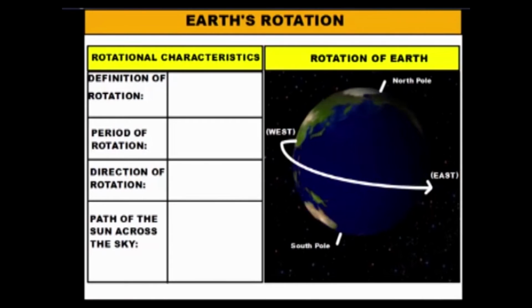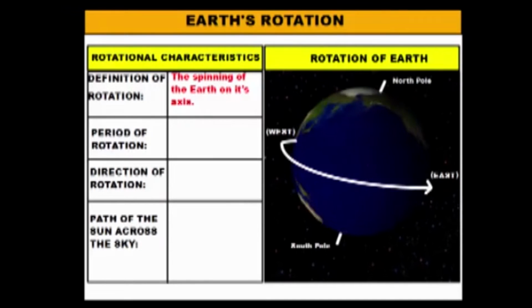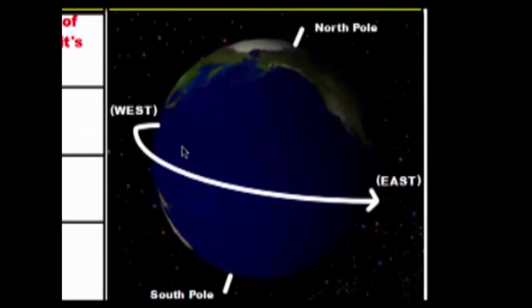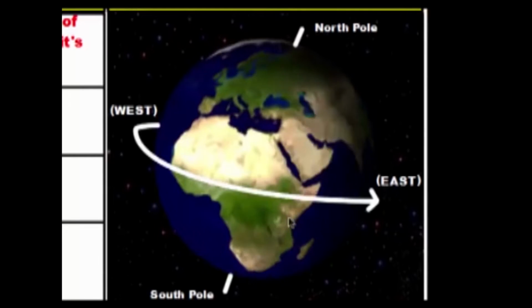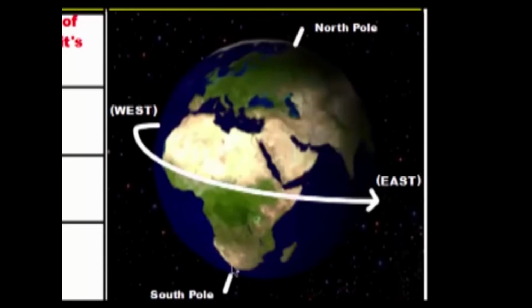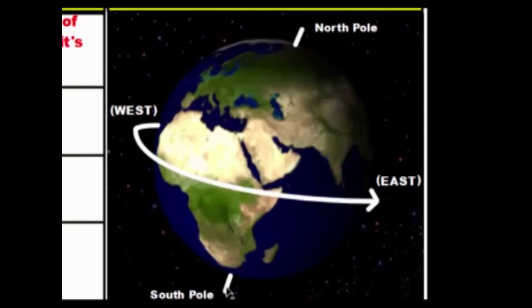Let's define first the movement of the Earth. Let's discuss first what rotation is about. Rotation refers to the spinning of the Earth on its axis. I would like you to focus on this animation.